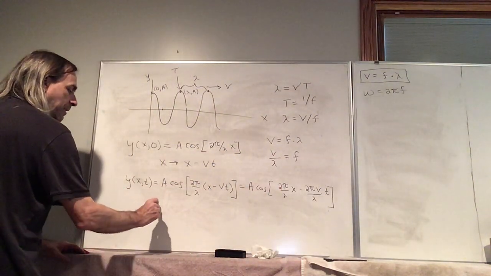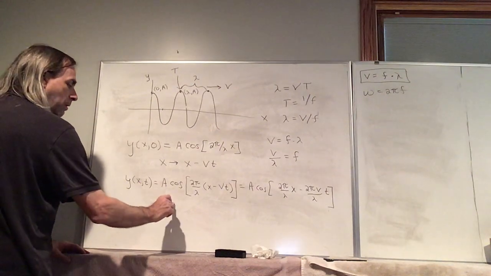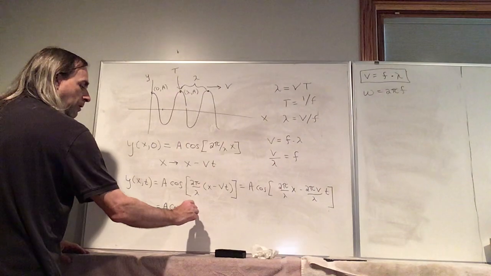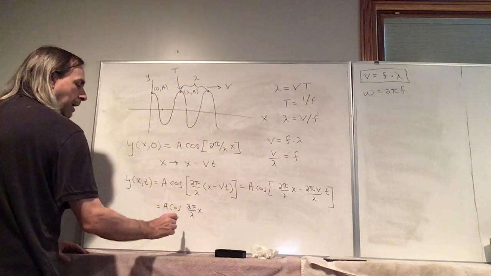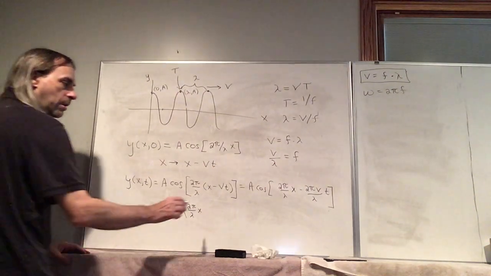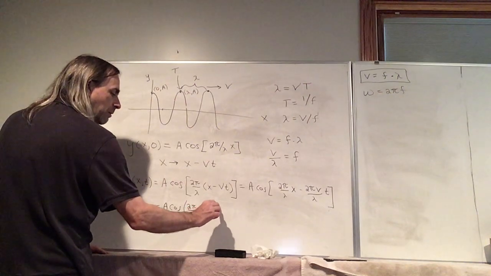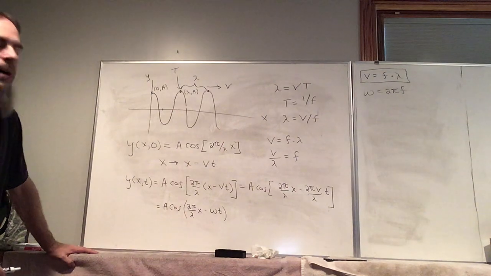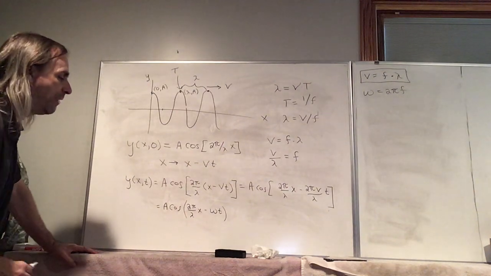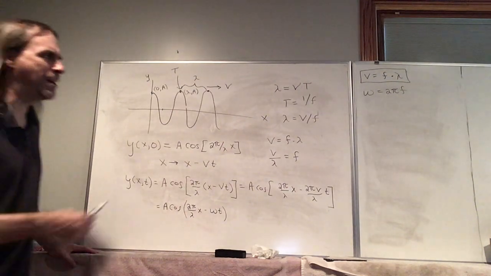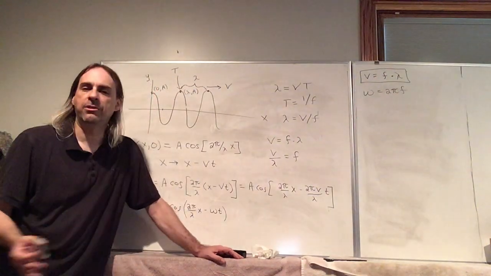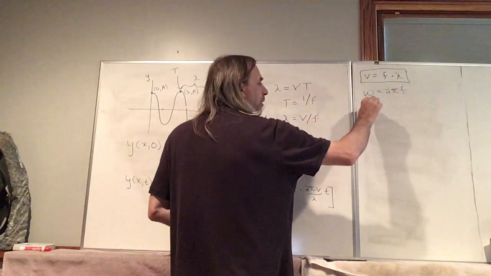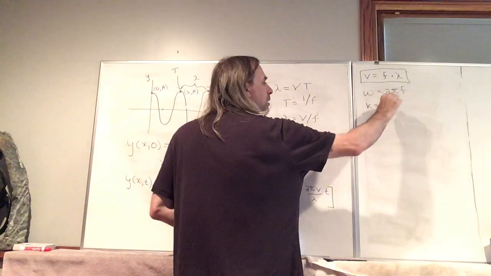So we can replace this with a cosine, and now we have 2 pi over lambda times x minus omega t. Now it's 2 pi over lambda. That is a name that's called the wave number. I'm not quite sure why, but I didn't include it in the notes. I probably should have. We'll just do that here, even though it's not in the notes.